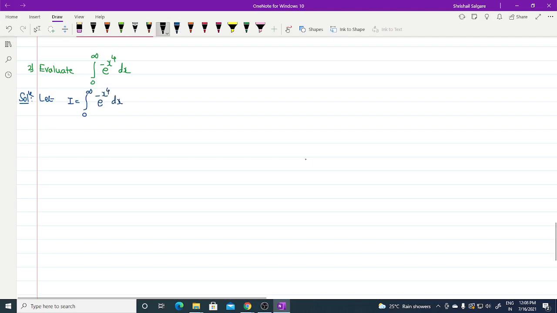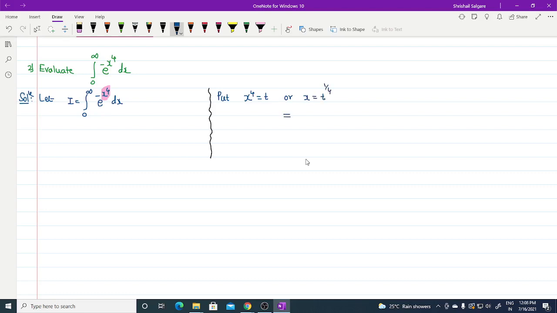What is your substitution? You have to compare the kernel. e to the power minus t is required. So we can say x raised to 4 is equal to t, and the same thing you can write, x is equal to t raised to 1 by 4.